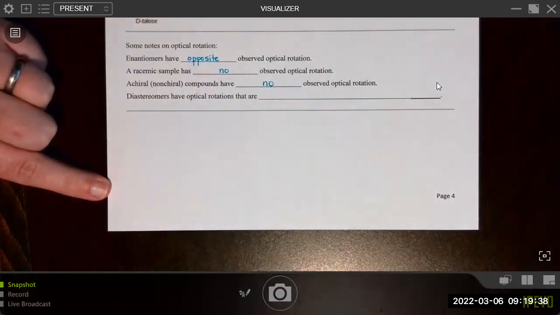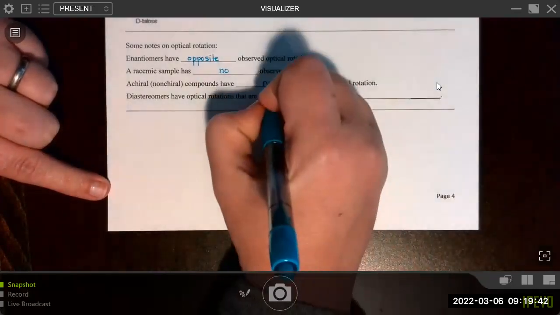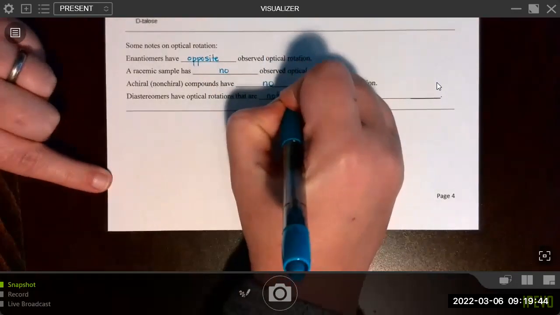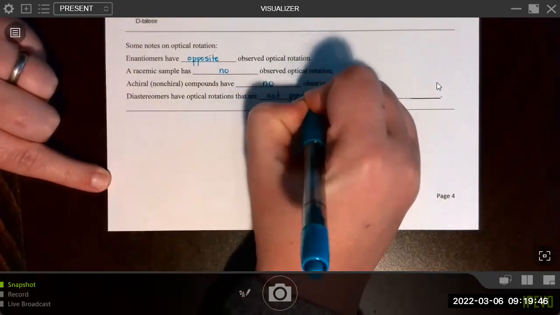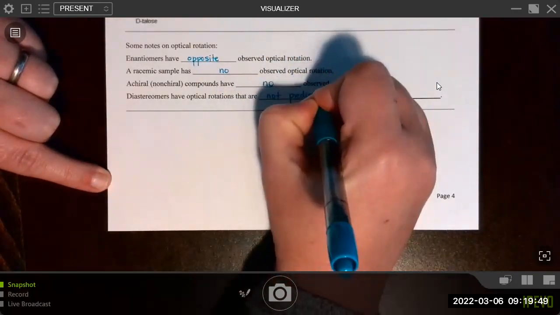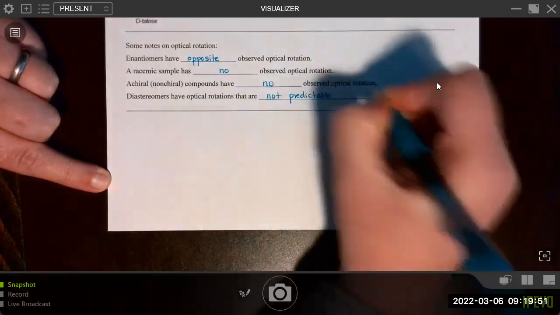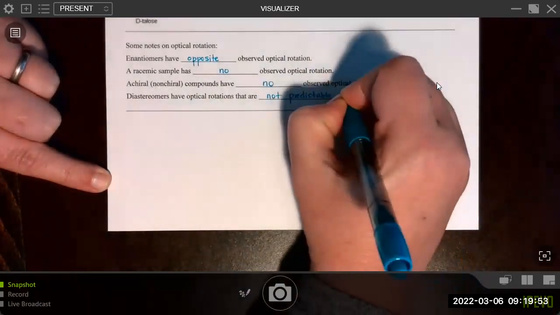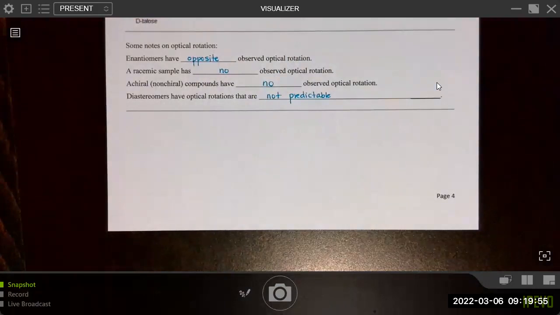And diastereomers have optical rotations that are not predictable.